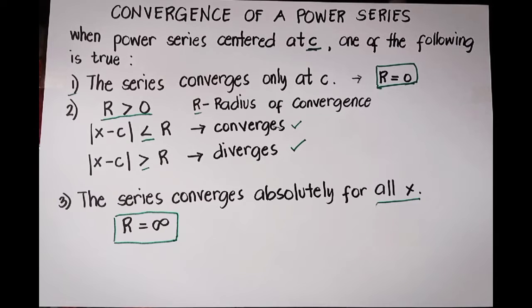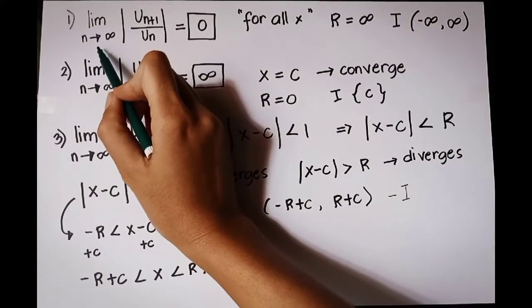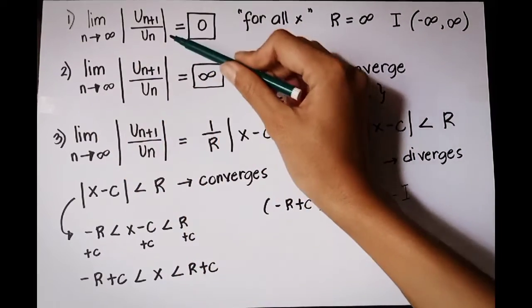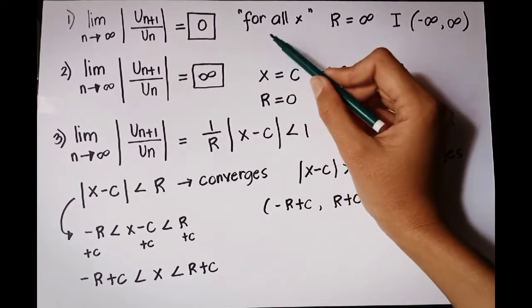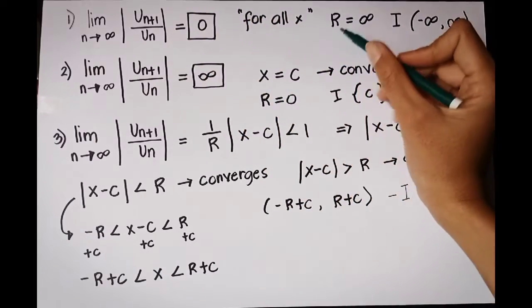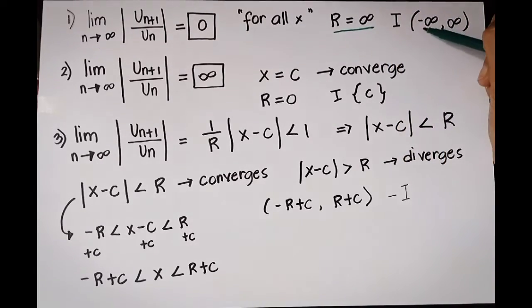Let's demonstrate these three cases. To demonstrate, if the limit as n goes to infinity of the absolute value of u_(n+1) over u_n is equal to 0 for all x, therefore the radius is infinity and the interval is negative infinity to positive infinity.